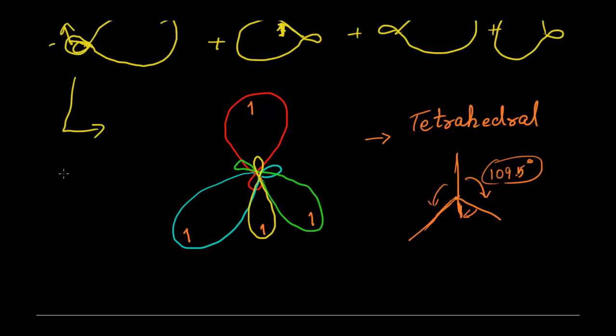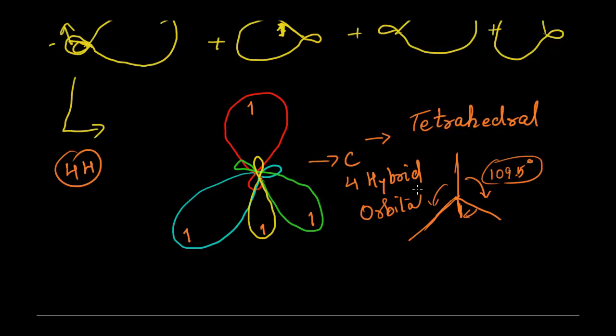Okay, now I have four hydrogens also. So this was my carbon's four hybrid orbitals. I have four hydrogens which have one electron each in the 1s orbital. Now these four hydrogens will overlap with these four hybrid orbitals. This is my hydrogen.